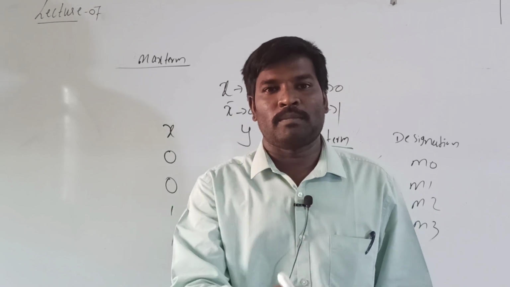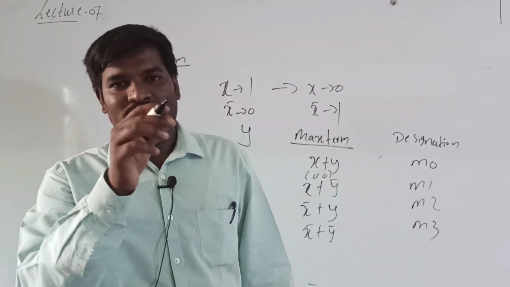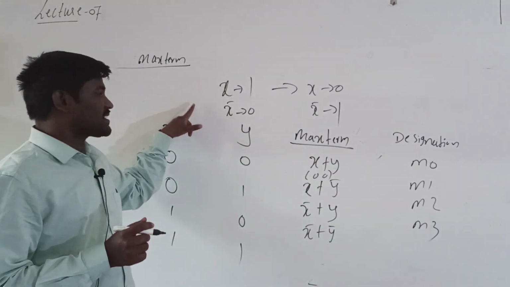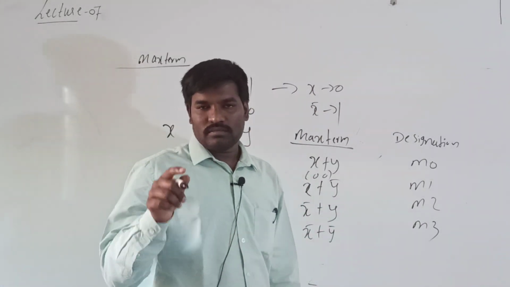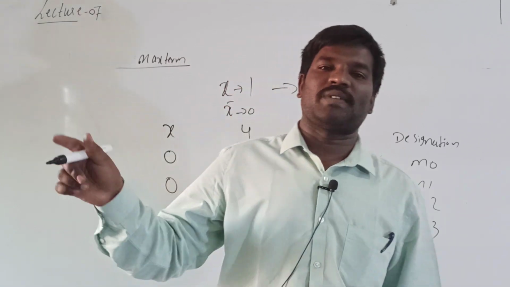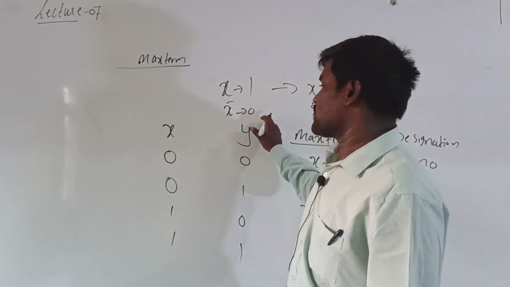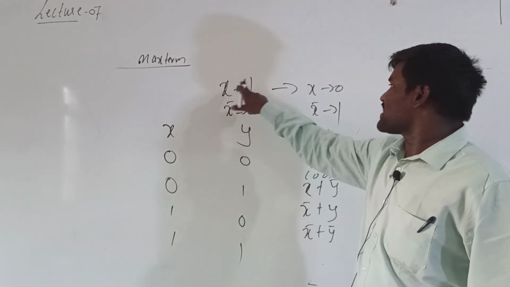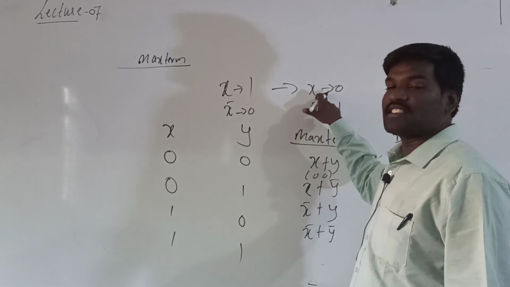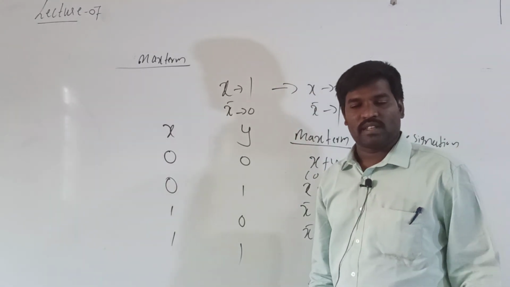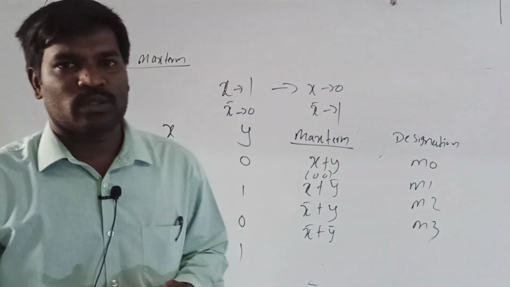In the min term, 1 indicates the direct value x and 0 indicates the complement, x bar. But in the max term you take the opposite: 1 indicates x bar and 0 indicates x. Okay, so this is with respect to 2 variables.